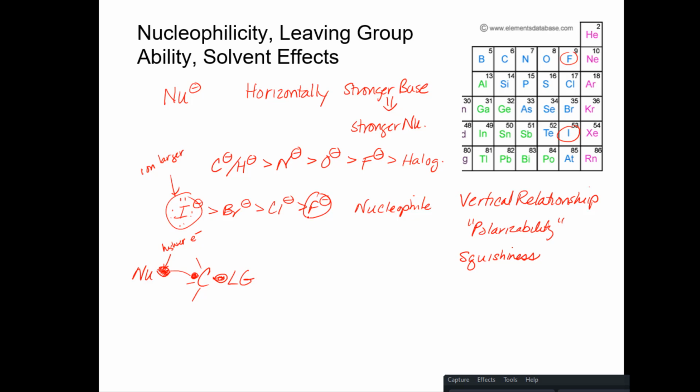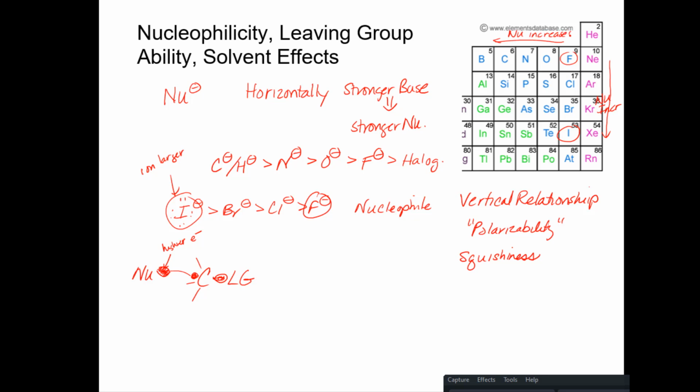So in terms of nucleophilicity then, when you're looking at the vertical position, as you go down, nucleophilicity increases, and as you go this way on the periodic table, nucleophilicity increases.